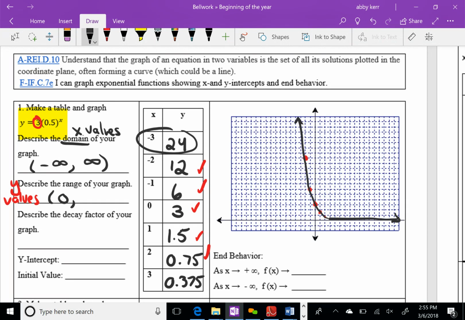That is the lowest value that it's trying to get to. Now, what is the highest value that our graph is trying to get to? Infinity, because our graph is always going up, up, up, up, up. It will never stop. So our y values is showing us that it's going to a positive infinity.